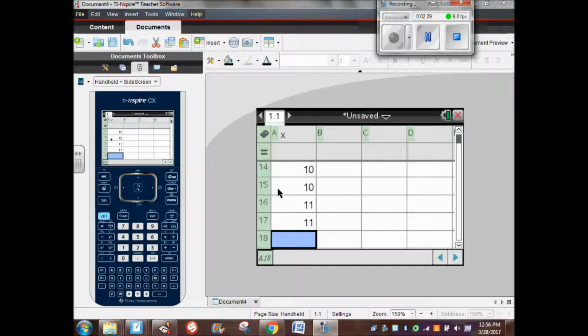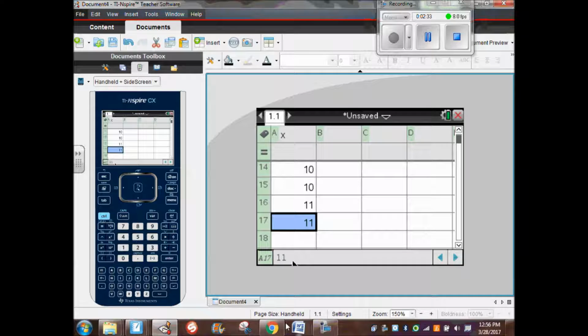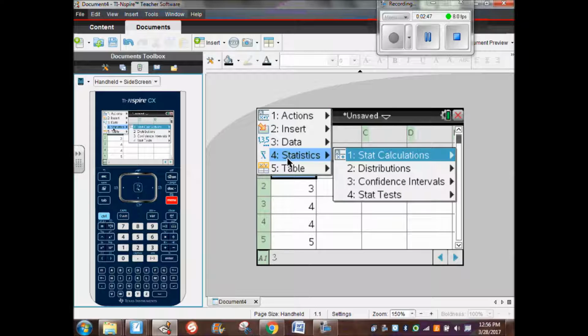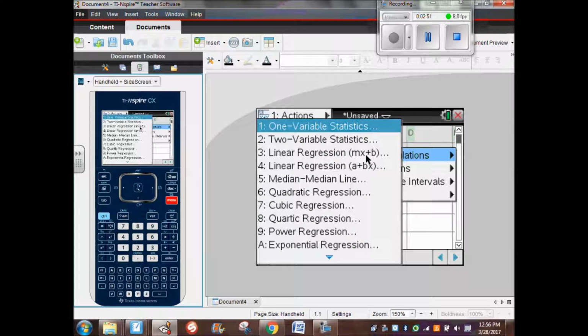We just entered our data from data set 1 into list 1 and made sure we titled it X. We don't need to construct a box plot to find Q3 and Q1. Just go right to Menu, Statistics, Stat Calculations, and we only have one variable because we only have one list right now.